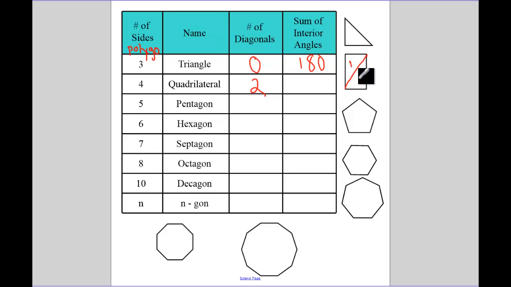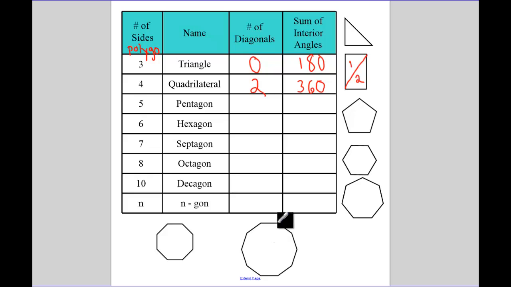So I have 1, 2 triangles. All the angles in those triangles are going to add up to the sum of all of the interior angles. So that's going to be 360.